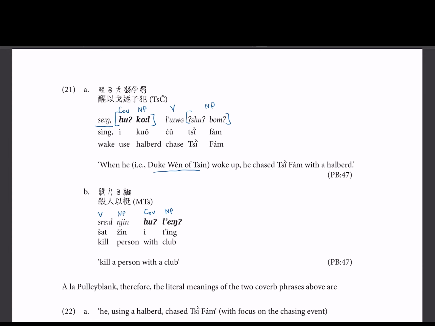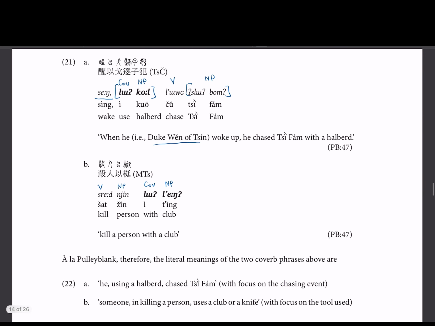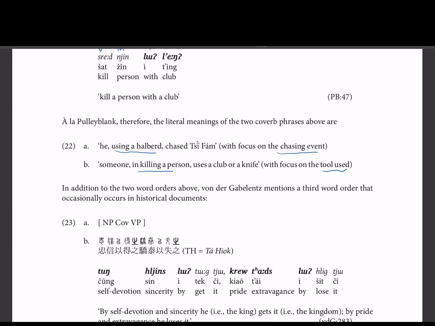The two different word orders aren't that different intuitively, but according to Pulleyblank, the literal meanings of the two coverb phrases above are respectively, he, using a halberd, chased 子饭, with the focus being on the chasing event, and someone in killing a person uses a club with the focus on the tool being used. So that seems to mean that whatever comes last in the complex verbal predicate would bear the narrative focus. That is the pre-verbal and the post-verbal coverb phrase.